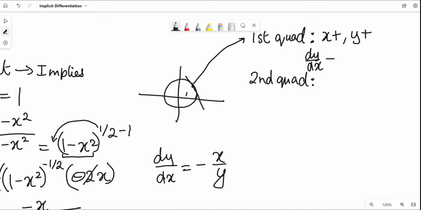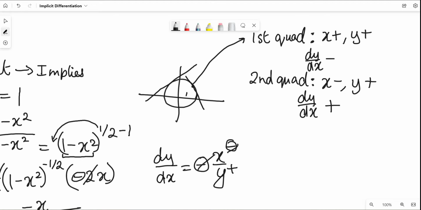For the second quadrant, x is negative because we're going to the left, and y is positive because we're going up. And the gradient, as we can see, is positive. So dy by dx is positive. And that works because x is negative, y is positive, so negative and negative cancel and give a positive in the end. So that works.